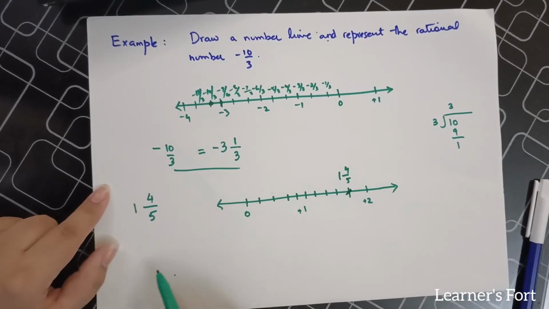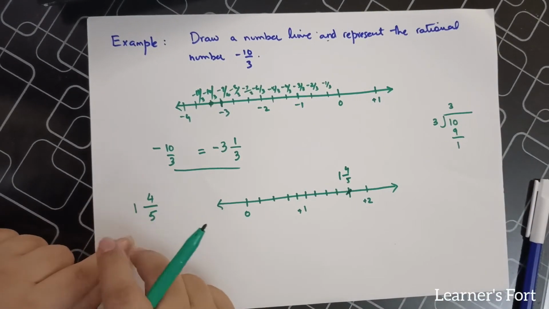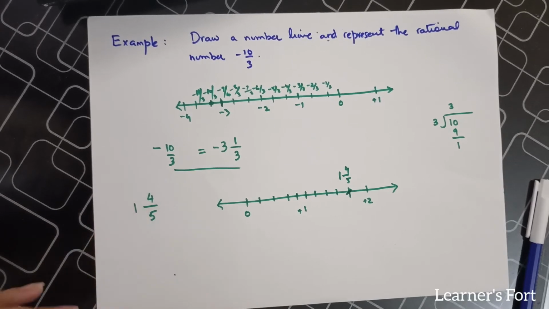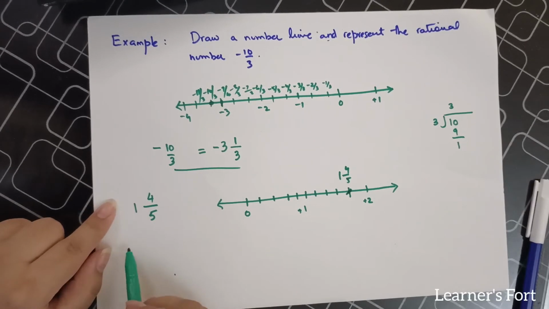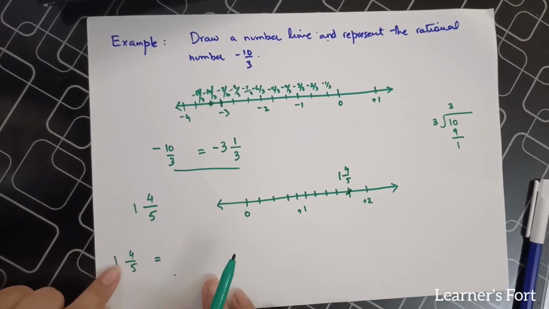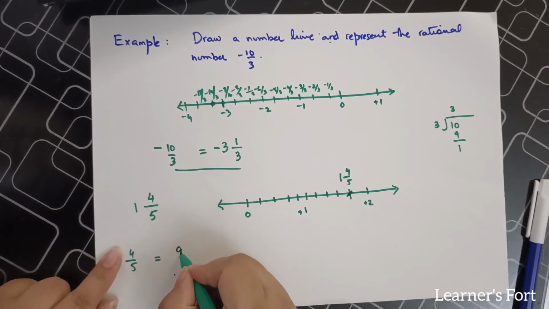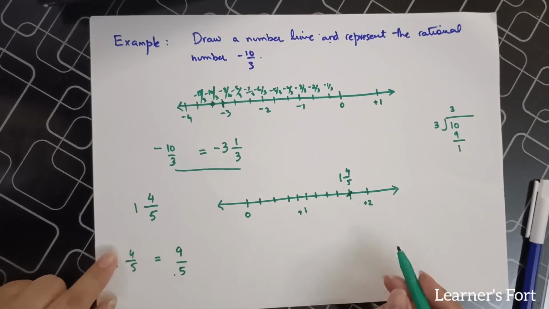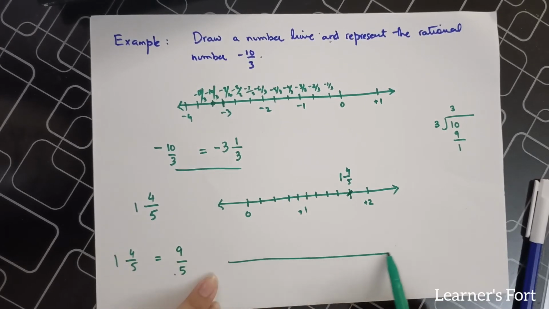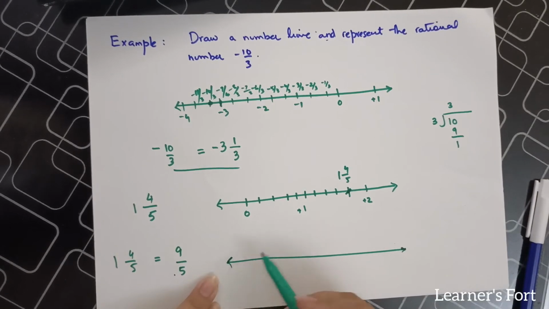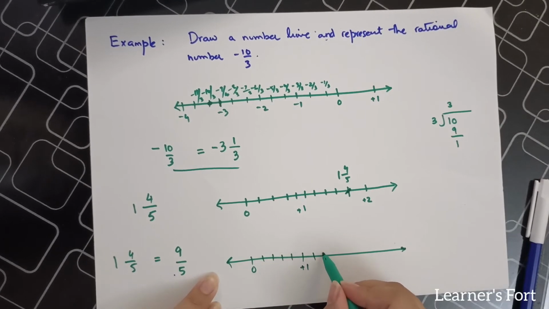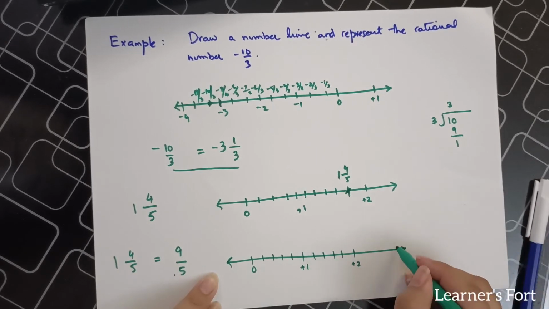The other way is you convert this mixed number into an improper fraction, which goes like 1 4 upon 5 is equal to 5 multiplied by 1 plus 4, which is 9, and the denominator comes as it is. So in case of this, 0, 1 2 3 4 5, 1 2 3 4 5, and you don't have to write the other one.